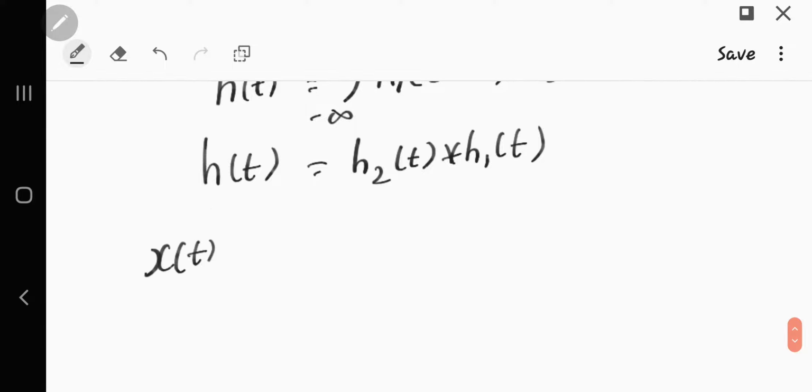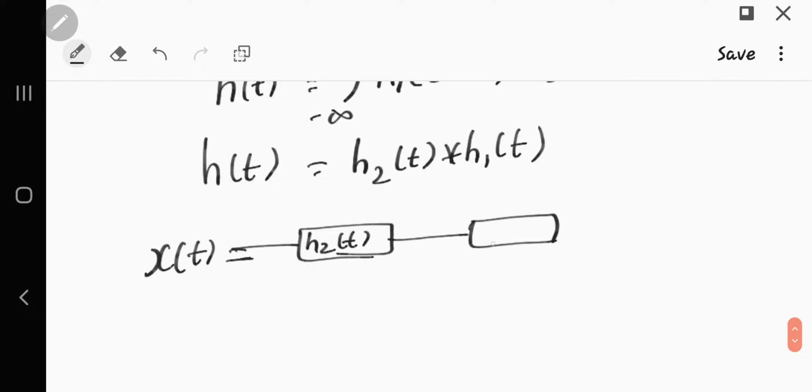So if you express this graphically, x of t, h2 of t, h1 of t, y of t. So what this means is that the convolution of h1 of t and h2 of t can be performed in either order.